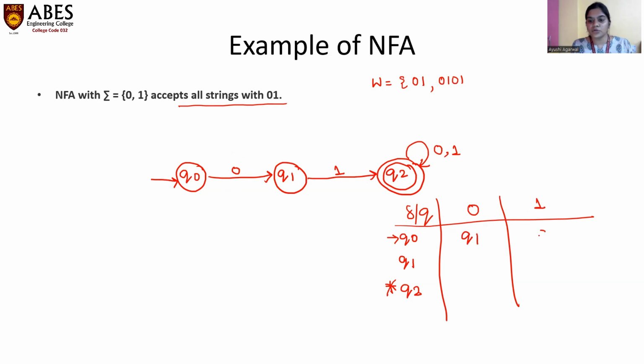By reading 1, no movement, so we'll put epsilon. From Q1 by reading 0, no movement, so we'll put epsilon. From 1, moving to state Q2. By reading 0 from Q2, moving to state Q2. By 1, moving to state Q2. Okay. So that's the transition table for this particular NFA, right?